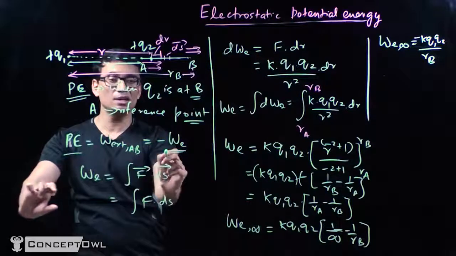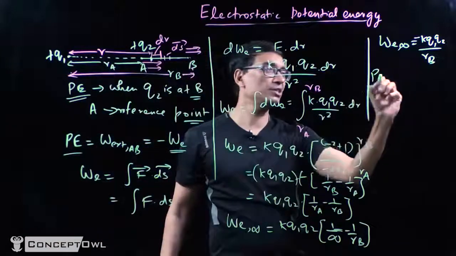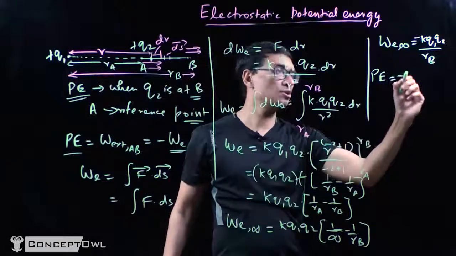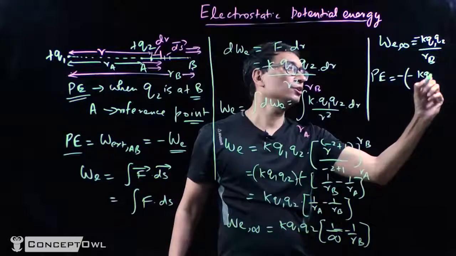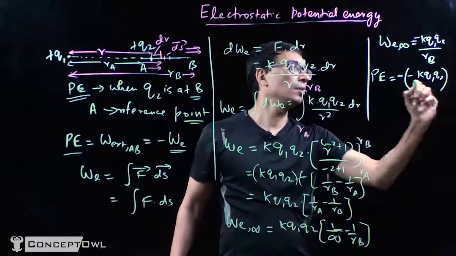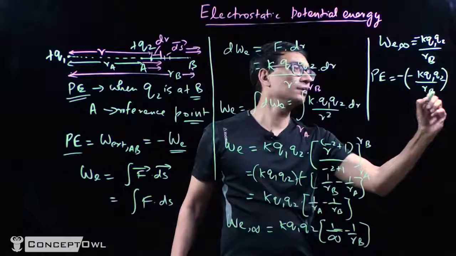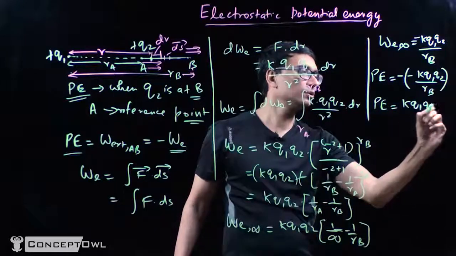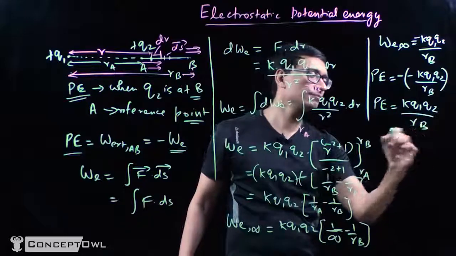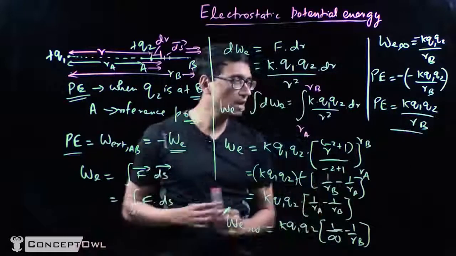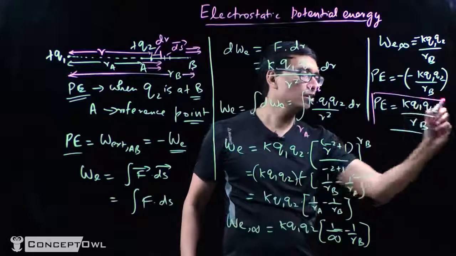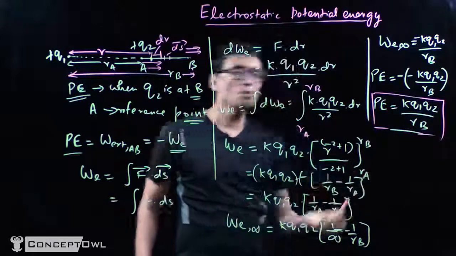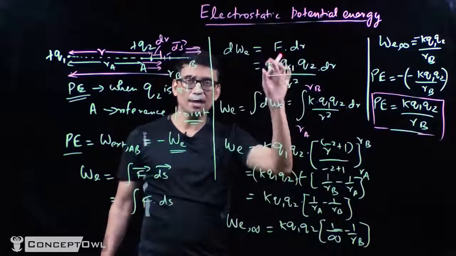So P is negative of work done, so my potential energy is equal to minus of minus K Q1 Q2 upon RB. So my P is equal to K Q1 Q2 upon RB. So this is the potential energy of the system when I take infinity as the reference point.